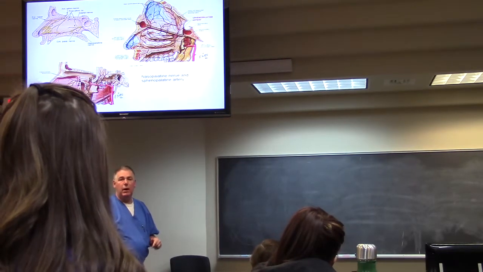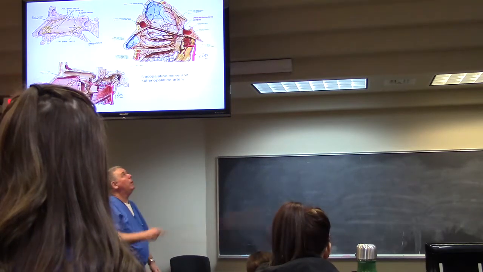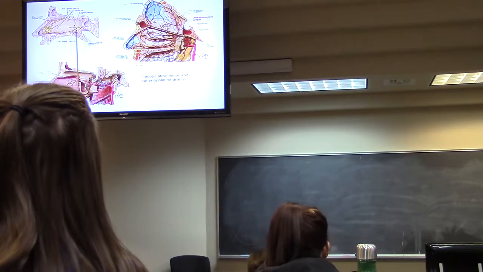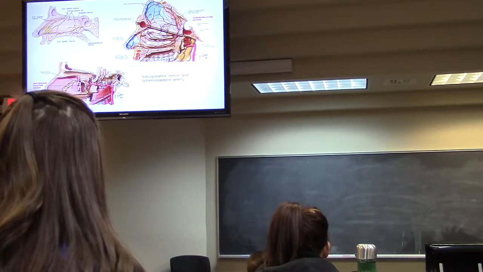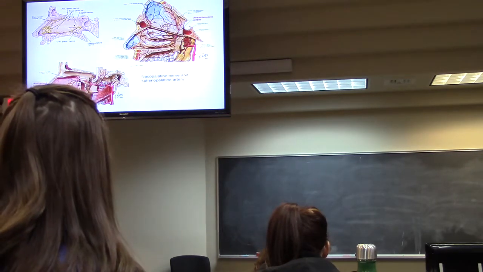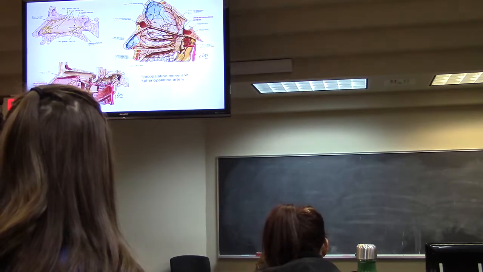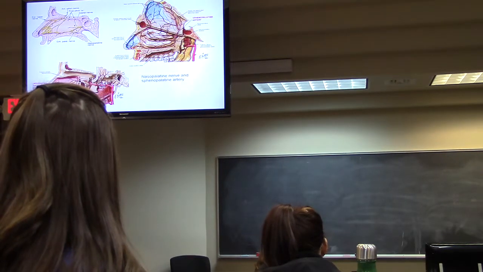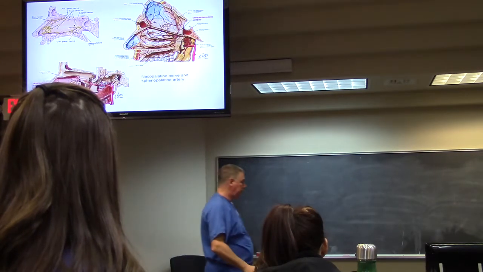V2 branches also go through that hole over here. The nerve is called the nasopalatine nerve. So it's the sphenopalatine artery that supplies the nasal cavity, nasopalatine nerve. And once they get into the nasal cavity, they branch all over the place.